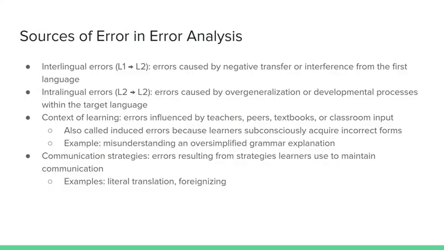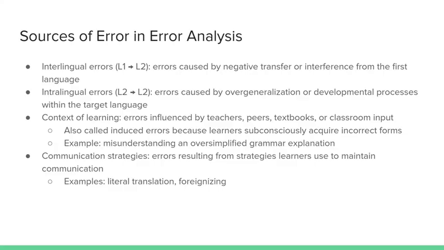Moving on to the next one, which talks about the context. Sometimes the teachers or peers or textbooks or classroom input could influence the students to cause error. And these are sometimes called induced errors because learners subconsciously acquire incorrect forms. So for example, when a student neighbor uses the language form in an incorrect way, but when you're working with a partner, you might just absorb it and be influenced by it, and you both make errors.